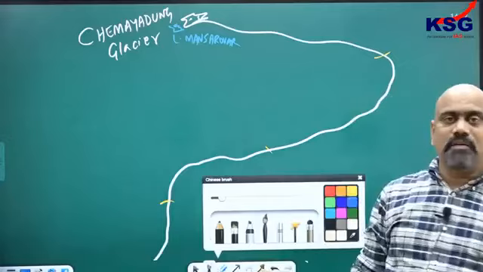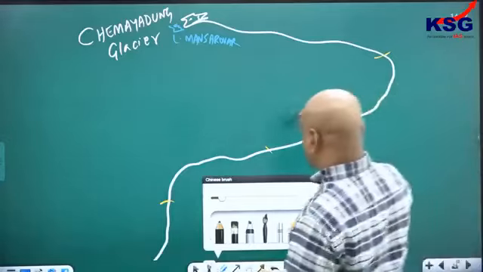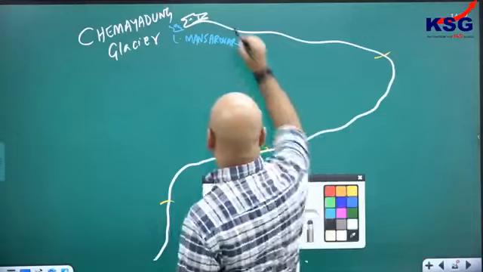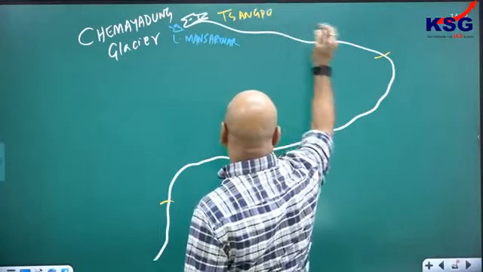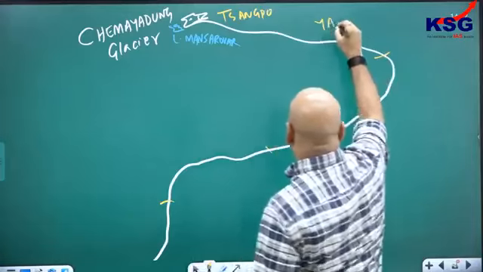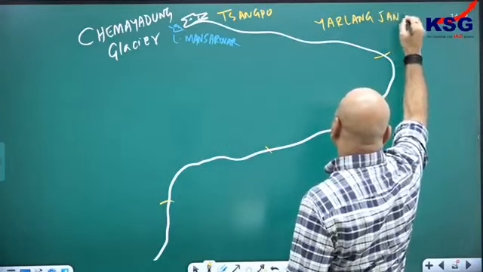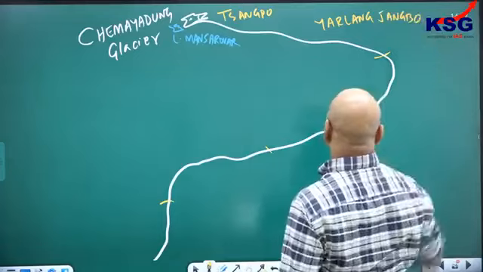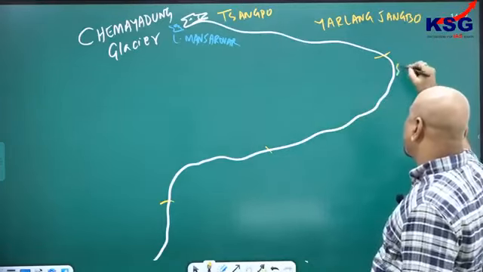Its major river you can see here, it is known as, what is that? Here it is called the Sangpo. This is known as the Yarlung Tsangpo. Then it is known as the Siang.